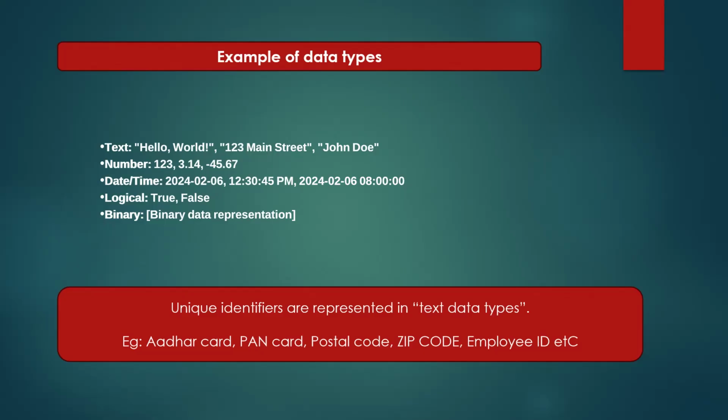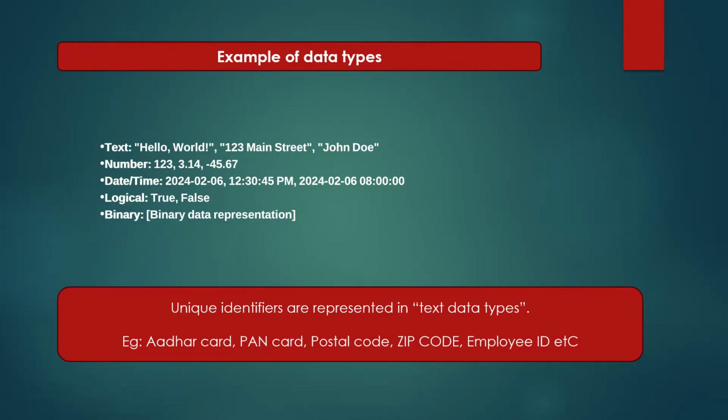But this Aadhaar card number has 12 digits, that is numbers. You may think that we can store it as number data type. But as these are unique identifiers, in Power BI, you need to assign the text data type to them. All unique identifiers, we give as text data type even though they contain numbers, because those are unique identifiers.